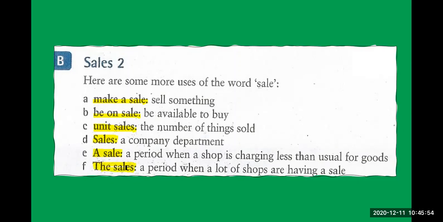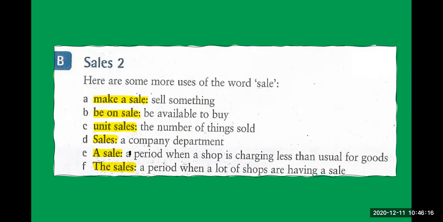Thank you very much. Okay, so these are different ways to use the combination of the word sales, right? When we talk about make a sale, we're talking about when you sell something. So you say, hey, I made a sale today. Probably you sell a car. So you make a sale.